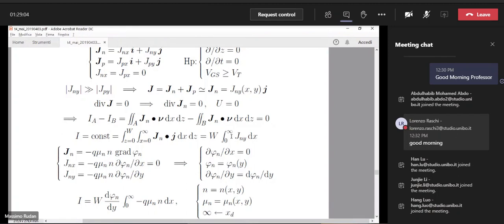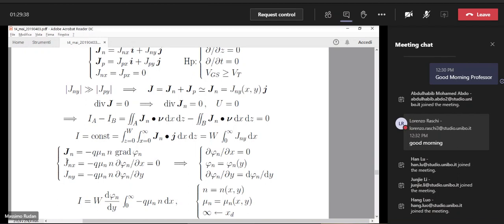Instead of using the standard variables of the semiconductor model, we introduced new variables that are the so-called quasi-Fermi potentials, phi n and phi p. In this case, we need only the quasi-Fermi potential phi n for the electrons, because we are considering the electron current density. So the monomial form of the current density is written here.